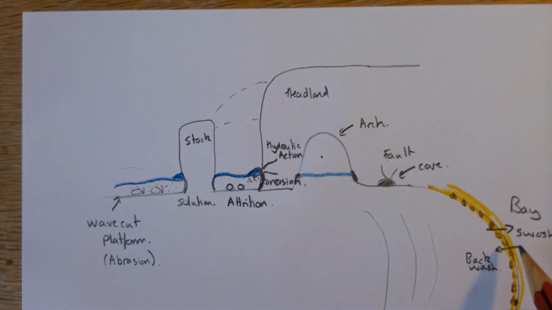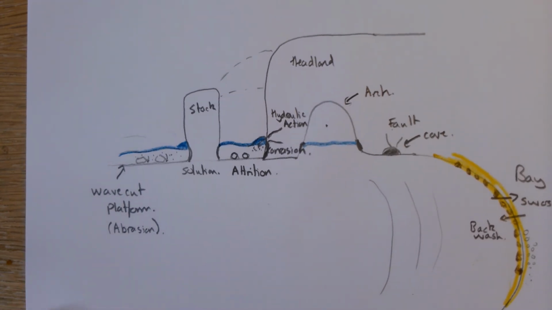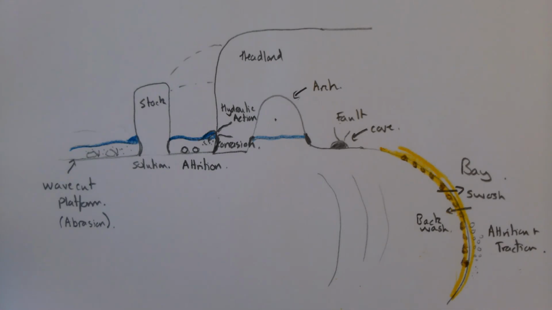So it's not hard to imagine that all the angular bits of those rocks are broken off, and we end up with a very smooth and progressively smaller pebble beach, until eventually it might be a sandy beach. So here we have the process of attrition and traction.